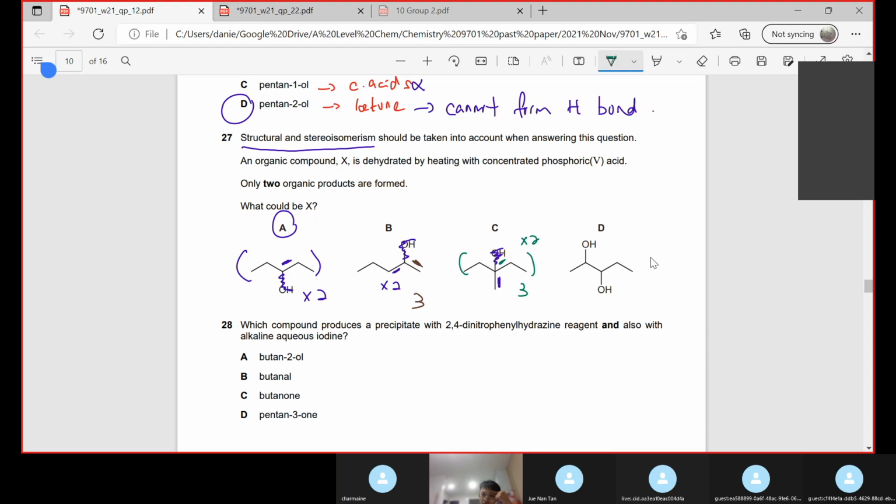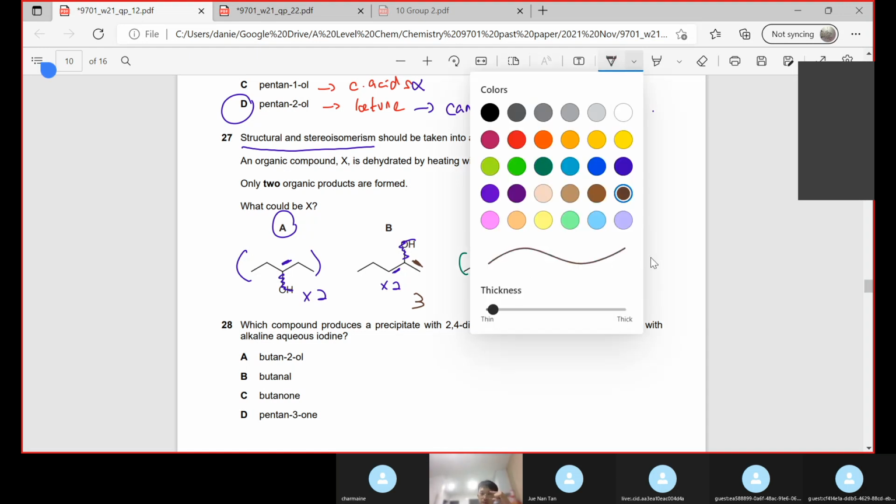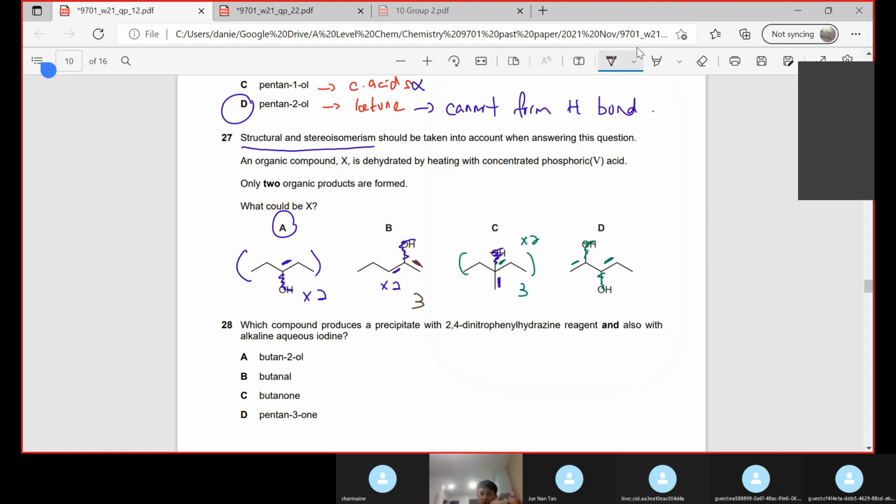Okay, D, the OH will be removed here, and 1, 2, 3 here. Then we can have 1 cis, 1 trans for this double bond, so times 2.